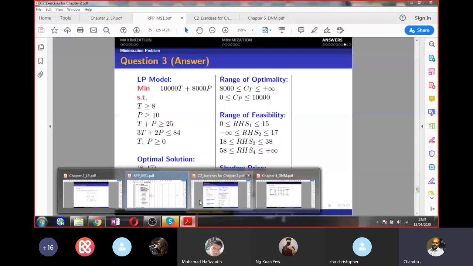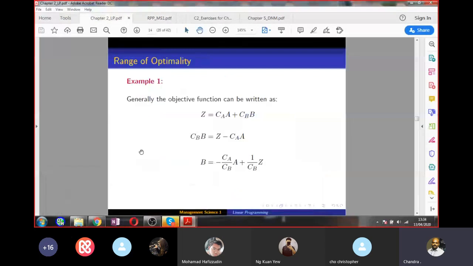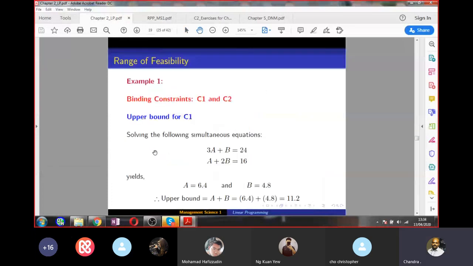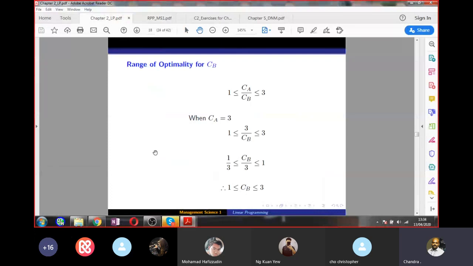Range of optimality I have done with you in the class, with a detailed computation. Remember, this has something to do with your gradient.